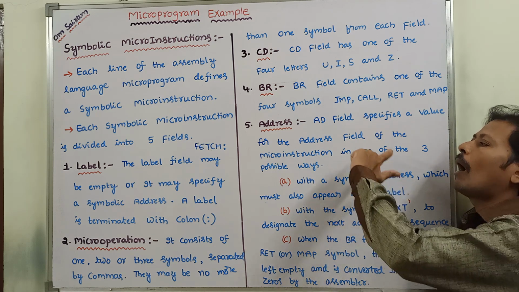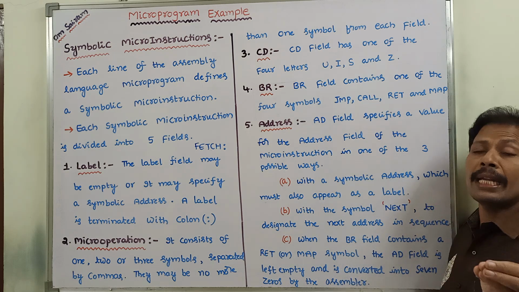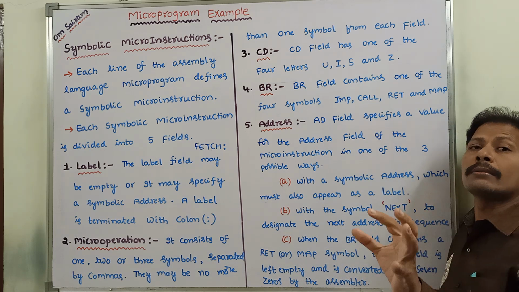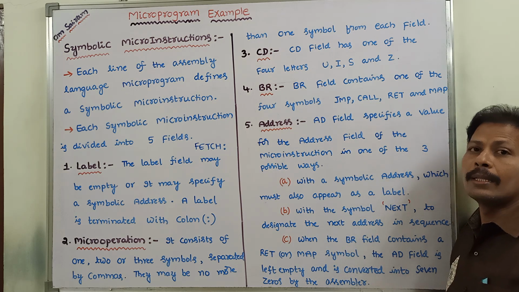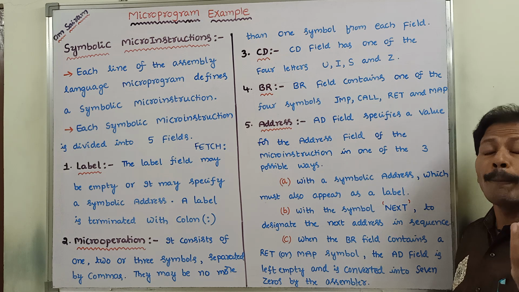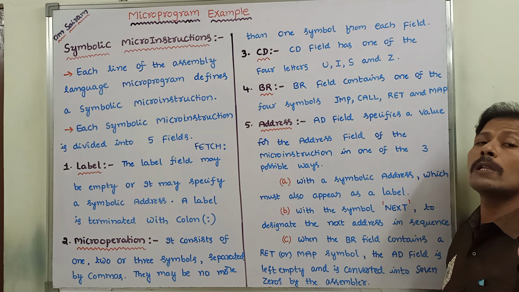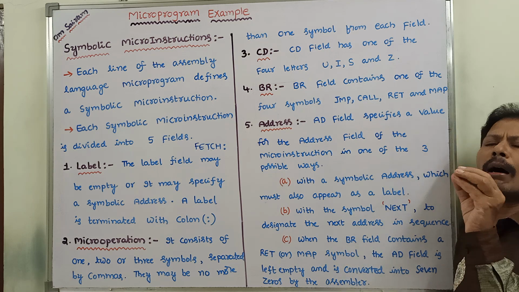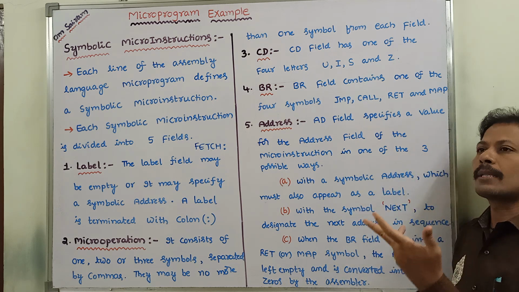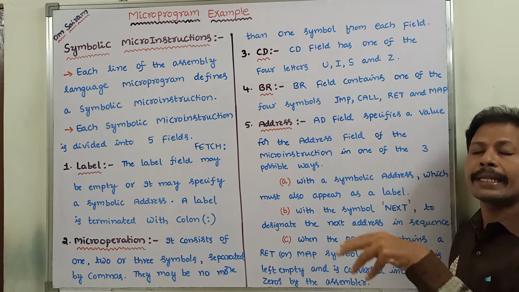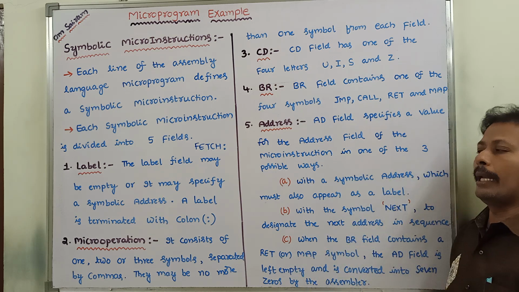So address field may contain some address value in 3 possible ways. First one is a symbolic address that also appears as a label.